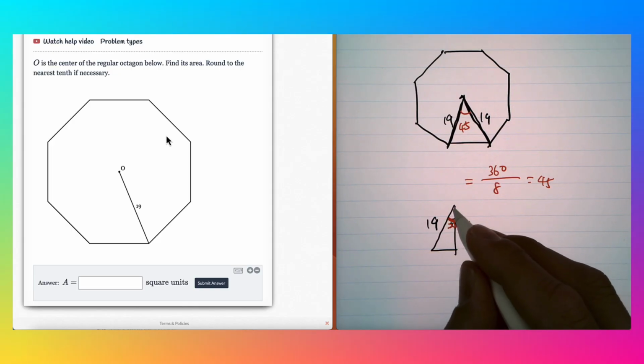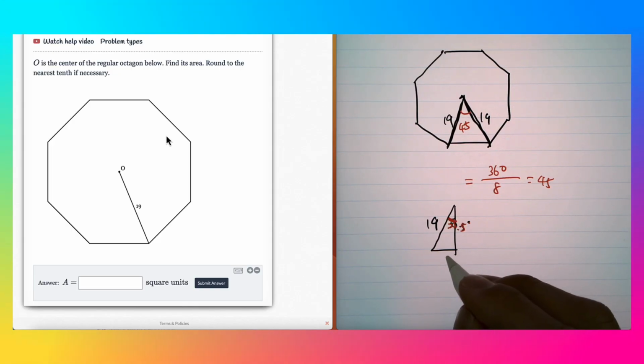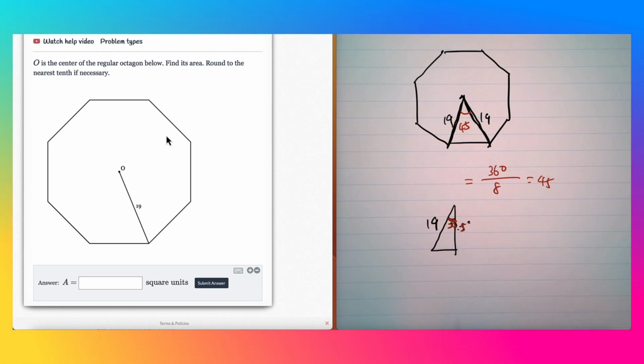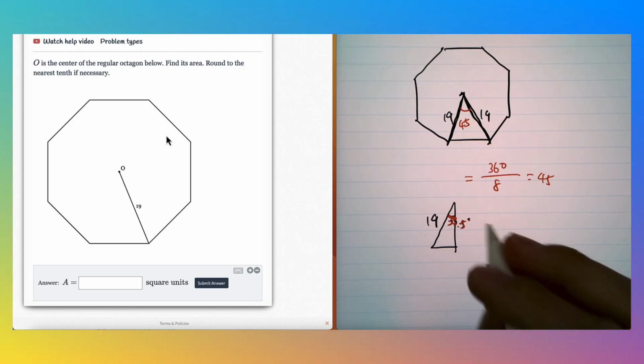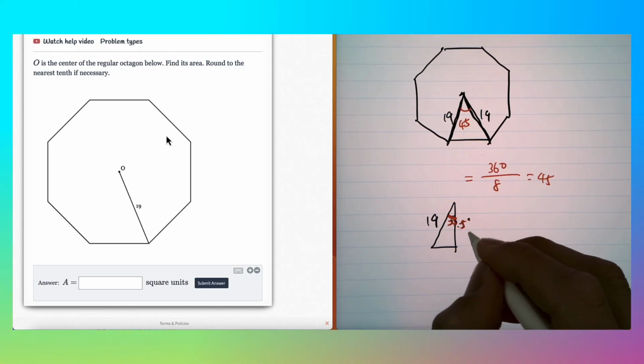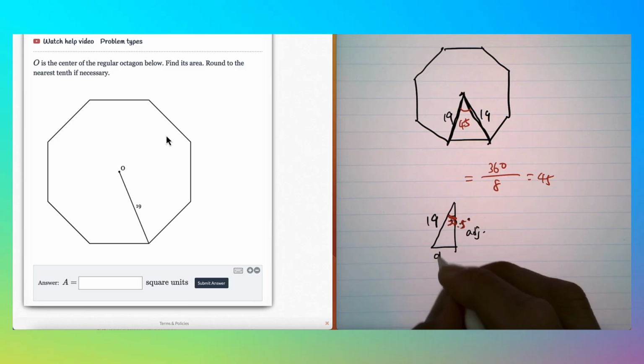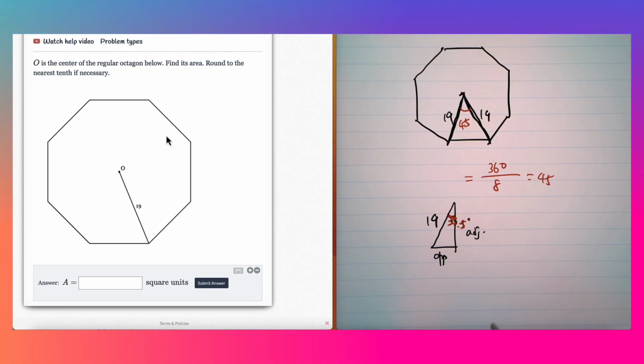I need to find the height and the adjacent, actually opposite and the adjacent from that angle. We're gonna have to use trig. So I'm gonna call this adjacent and this opposite from the given angle.